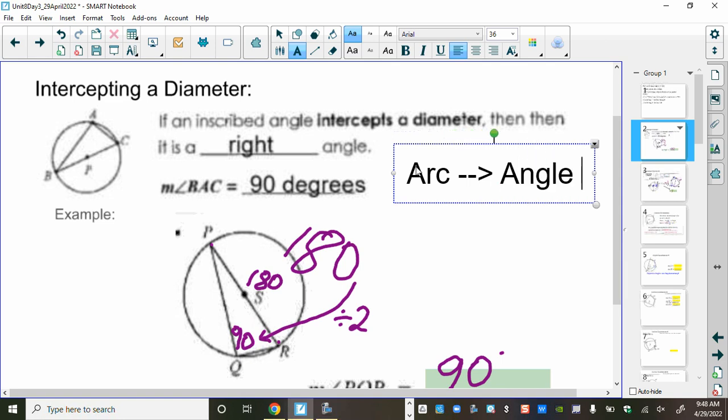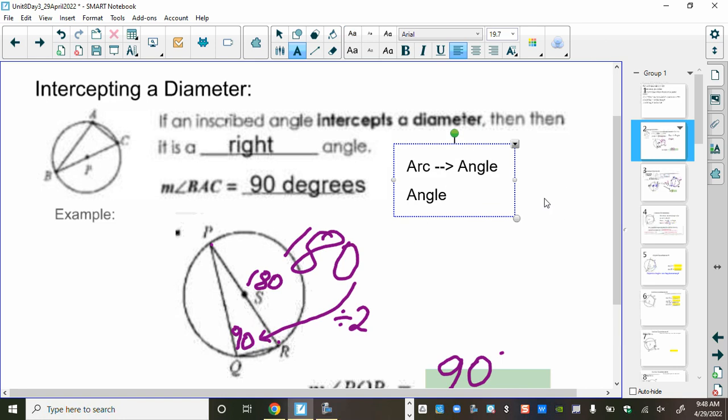I got your notes from last time. But the angle's not at the center. All you do is take your arc, divide by 2, and then that's how you get your angle measure.